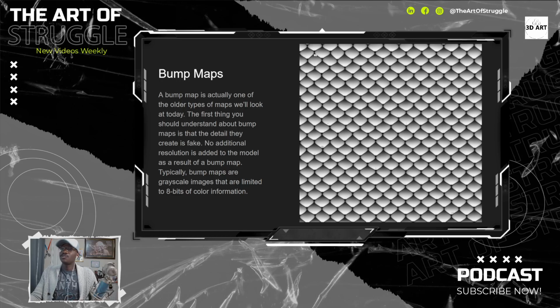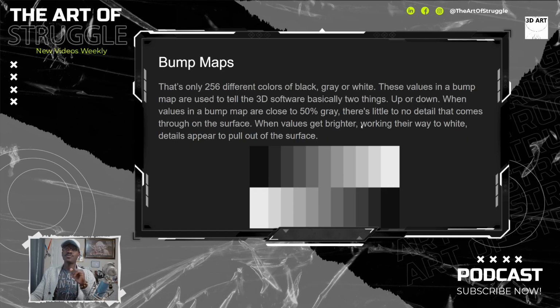All right, so you can see the grayscale information. The white is going to be protruding out, and the dark is going to be receding in. So that's only about 256 different shades of black, gray, or white.